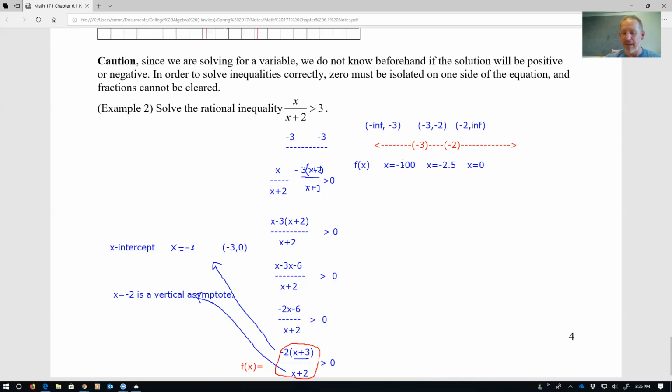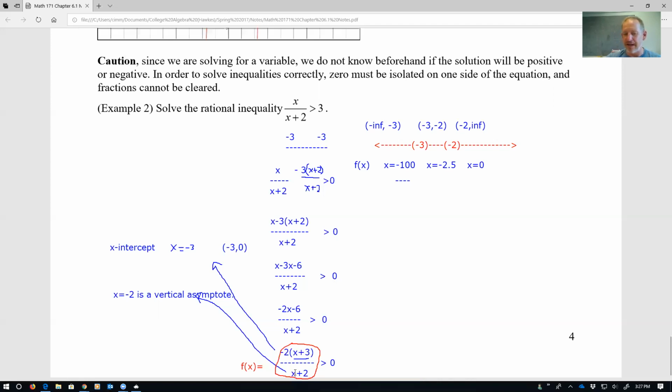If I plug in -100 to this red circled part, notice what I get: a negative times a negative over a negative. I'm going to get a negative answer here. If I plug in -2.5, 3 minus 2.5 is positive, and positive times negative is negative.